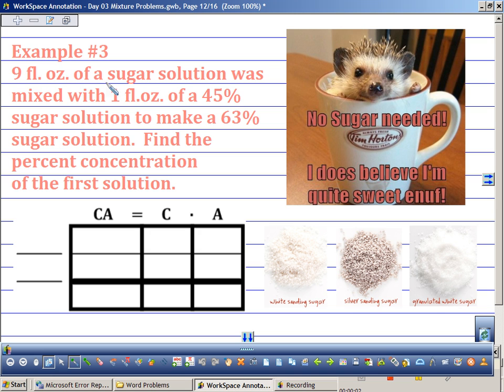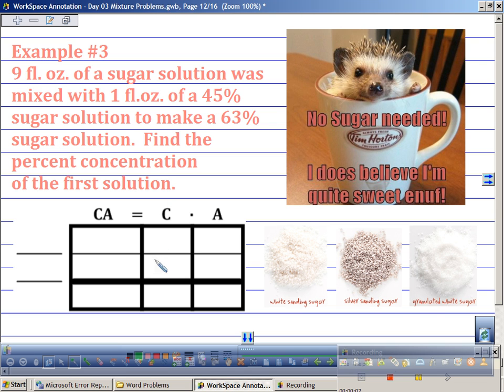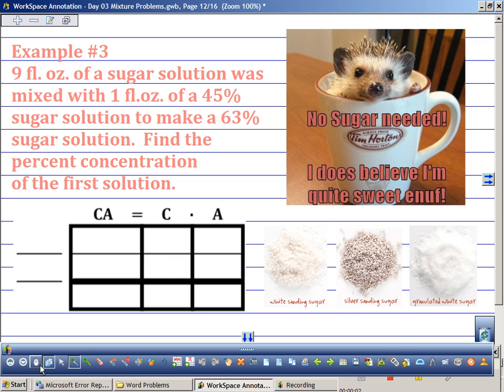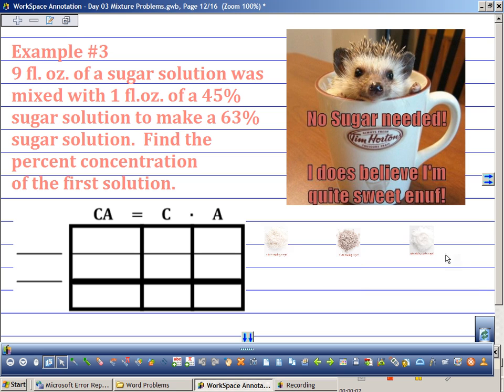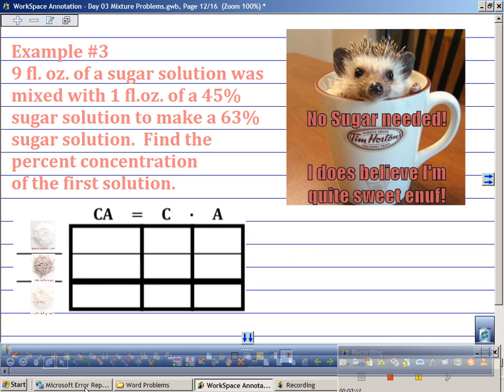9 ounces of sugar solution was mixed with 1 ounce of 45% sugar solution to make 63% sugar solution. What's being added together? Sugar solution. Sugar to make what? More sugar, right? Yes. We're taking 1 sugar, adding it with another sugar, and getting a 3rd sugar.